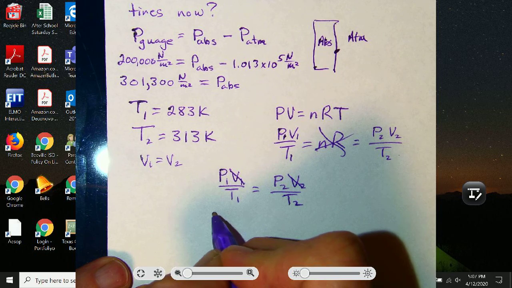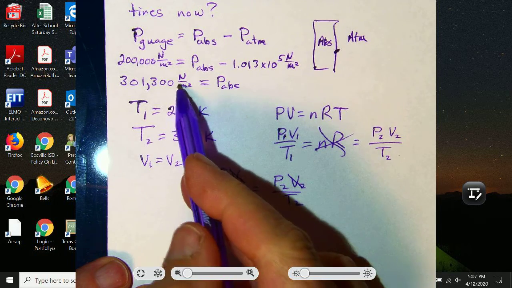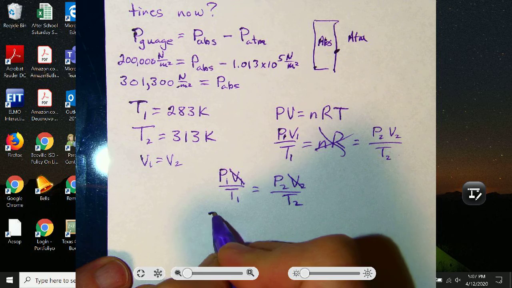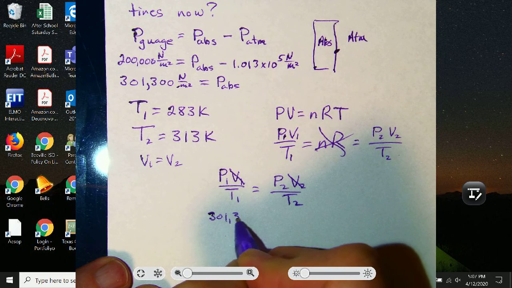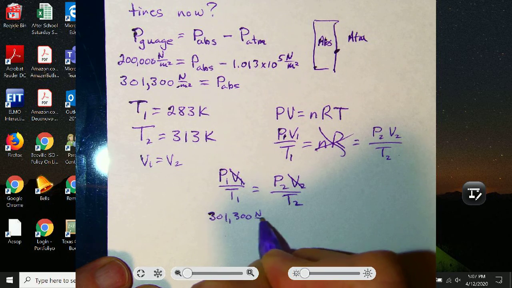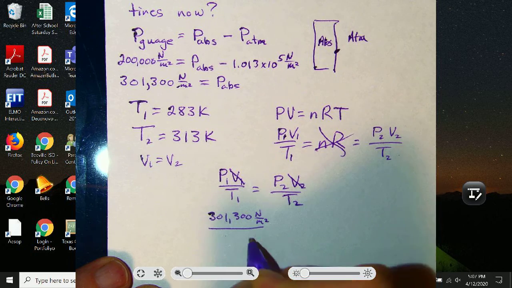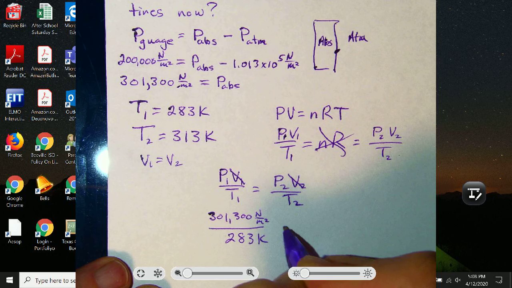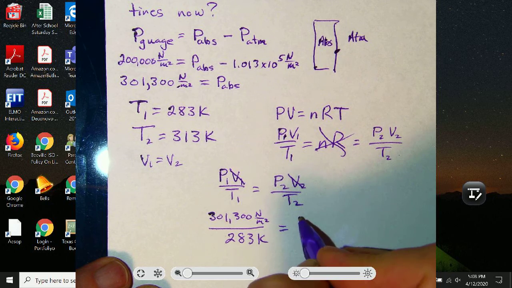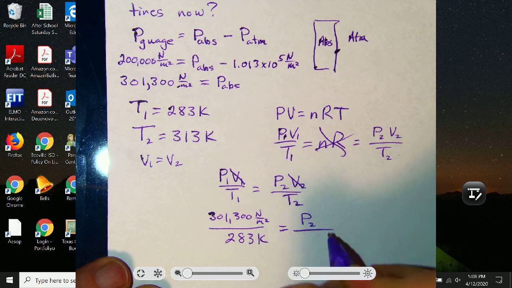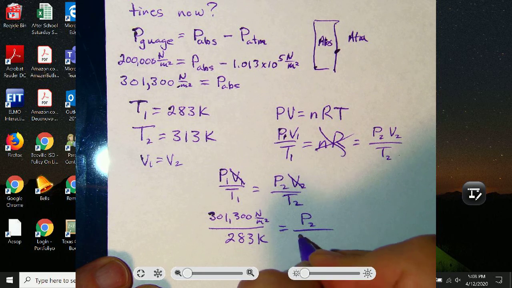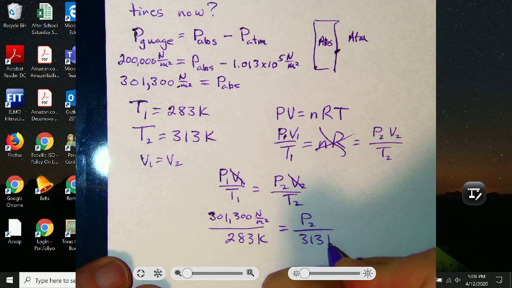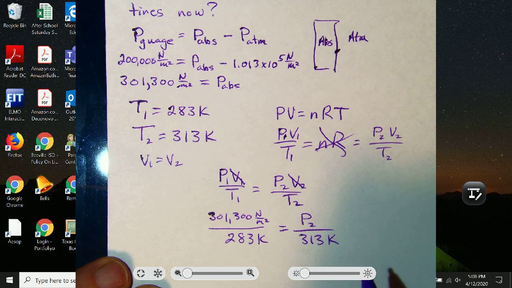So pressure 1 is right here, over T1, 283 Kelvin, equals pressure 2, which we're trying to find, divided by 313 Kelvin.